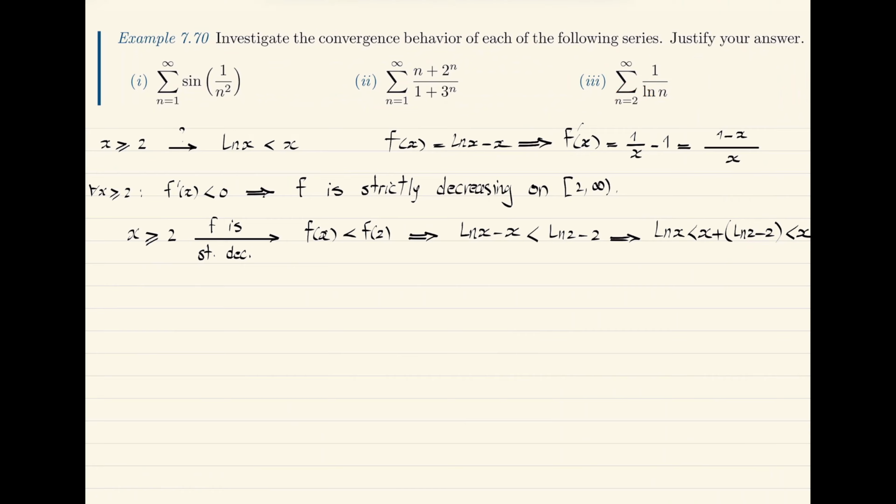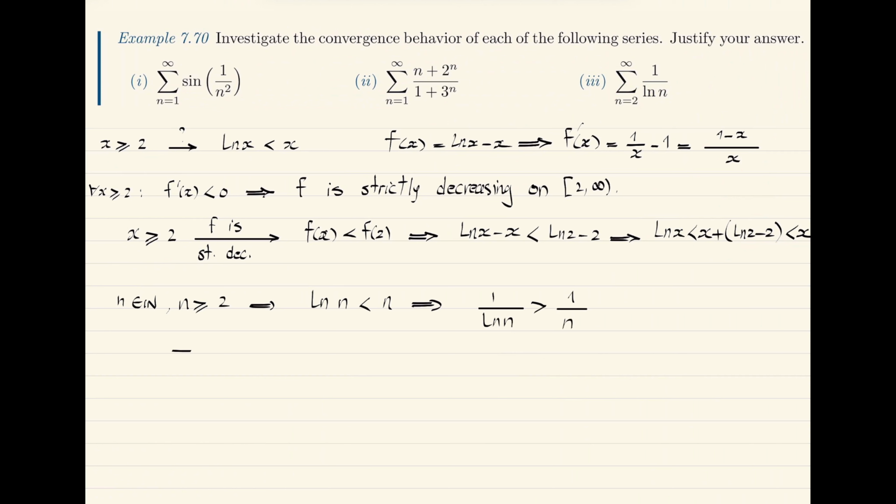So this means that if n belongs to the natural numbers and n is greater than or equal to 2, definitely ln of n is less than n, and by the way, it's also positive. Because n is greater than 2, so ln of n is also positive. So then I can take the reciprocal. The reciprocal of the first one will become greater this time than the reciprocal of the second one.